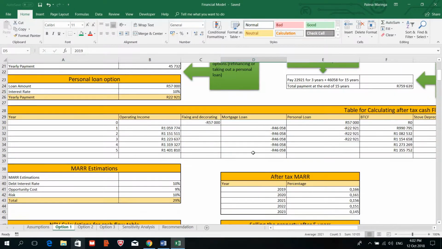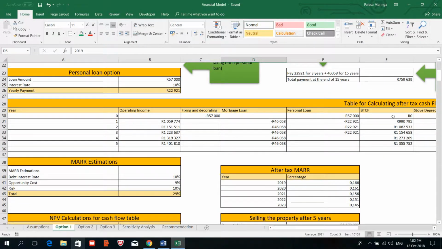After the after-tax cash flows were calculated, more estimations were made. We estimated that we need to at least have an interest return of above 10%, the 10% from the personal loan, an opportunity cost of maybe investing the money in a unit trust that was lost, so it was added, and a risk because with renting, you could have a vacant apartment.